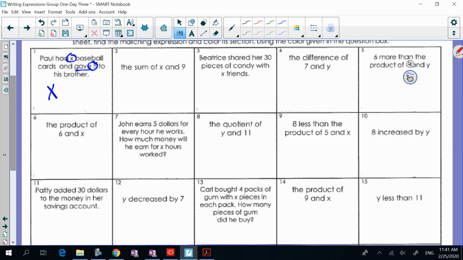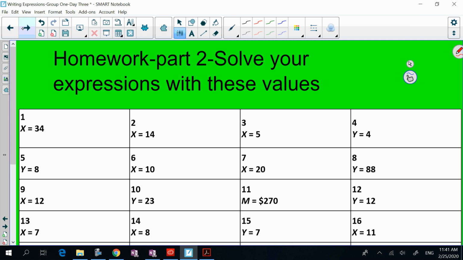So what do I do? X minus 5. Easy. Then you're going to flip the sheet over, and on number 1, you're going to write that expression, X minus 5. Then I'm going to give you a value for X that you're now going to substitute in, 34 minus 5, and that is 29. There's your answer.